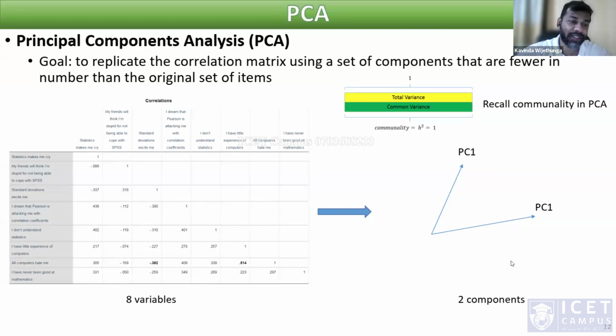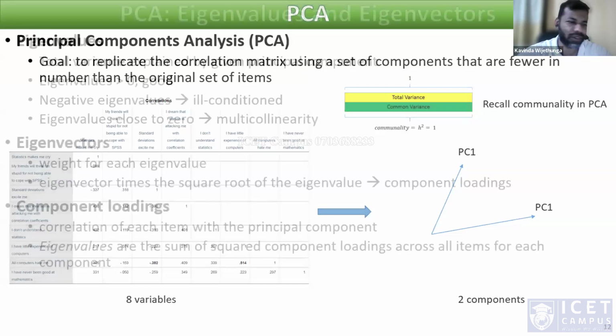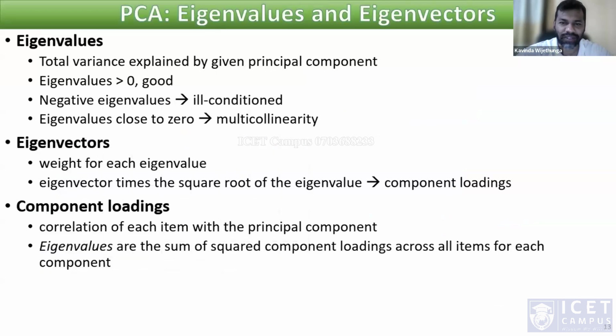Right. So these are the methods we can do based on the eigenvalues. So I will show you what an eigenvalue is. It is the total variance explained by the given principal component. If all of the eigenvalues are greater than 0, then the model is good. Negative eigenvalues mean ill condition. Sometimes we can see negative eigenvalues as well, but it is not actually good if we have many of them.